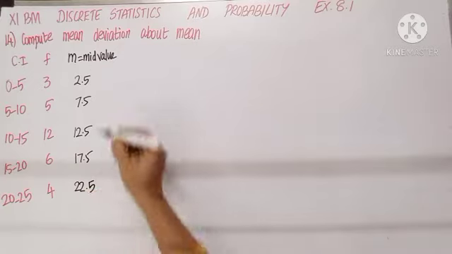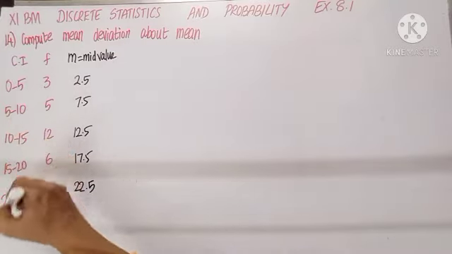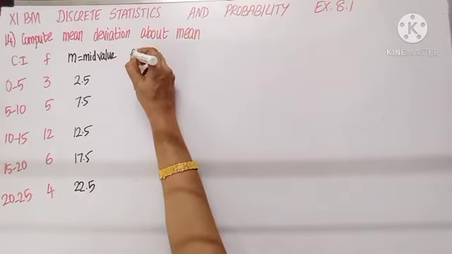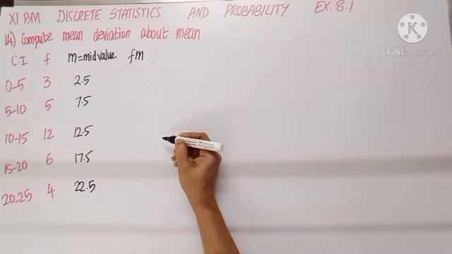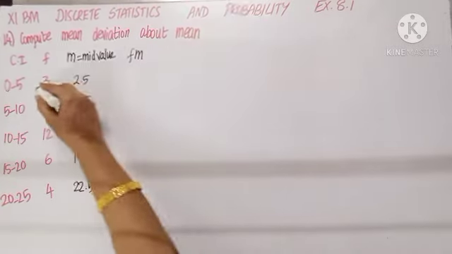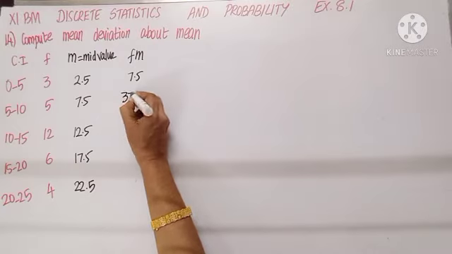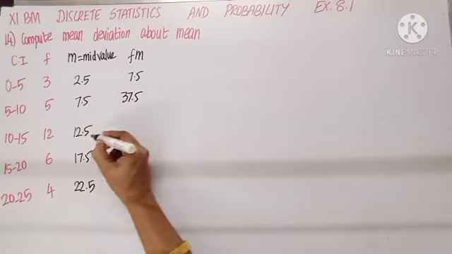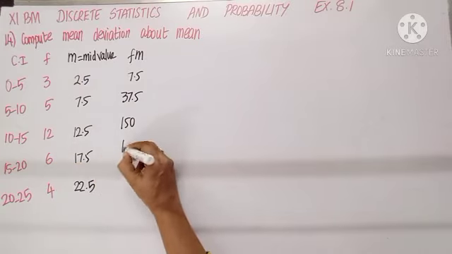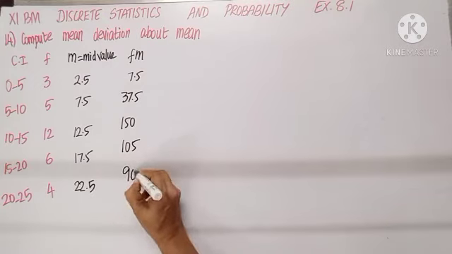Now I need to multiply f into m to get mean value. 3 into 2.5, 5 into 7.5, 12 into 12.5, 6 into 17.5, 4 into 22.5.